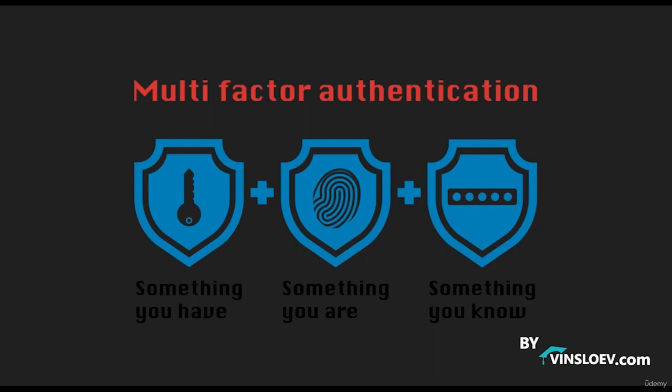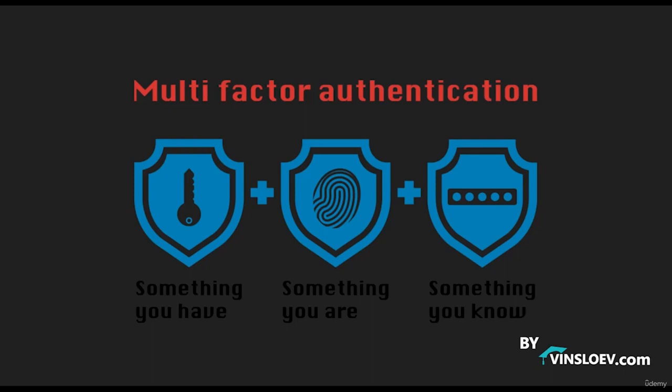So, something you have is for example an ID card or a physical token that you need to present to get access to something, and something you are is for example fingerprints, an eye scanner, or something that is unique to you as a person.